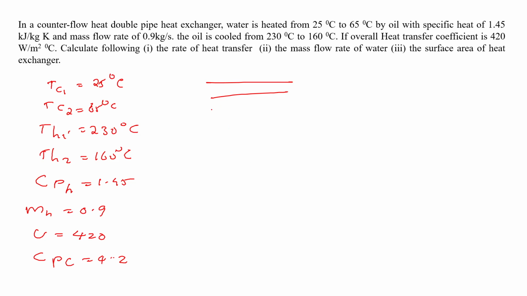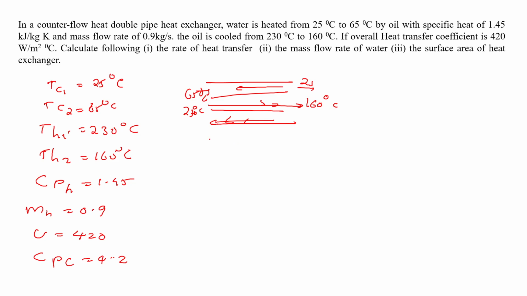Now let us draw the counterflow part. The water is flowing from 25 to 65 degrees Celsius in this direction, and the oil is cooling from 230 to 160 degrees Celsius, going in this direction.